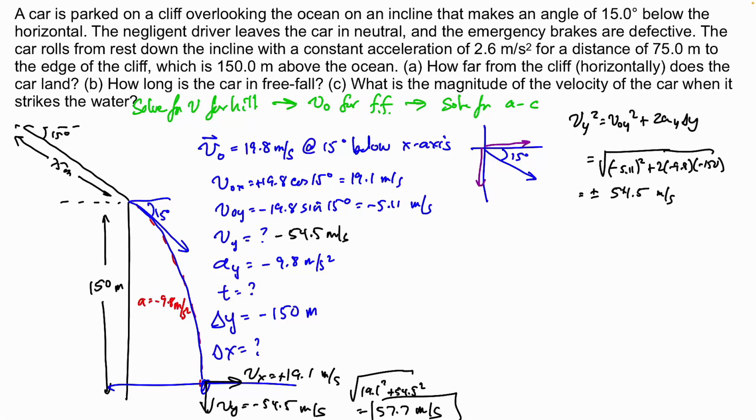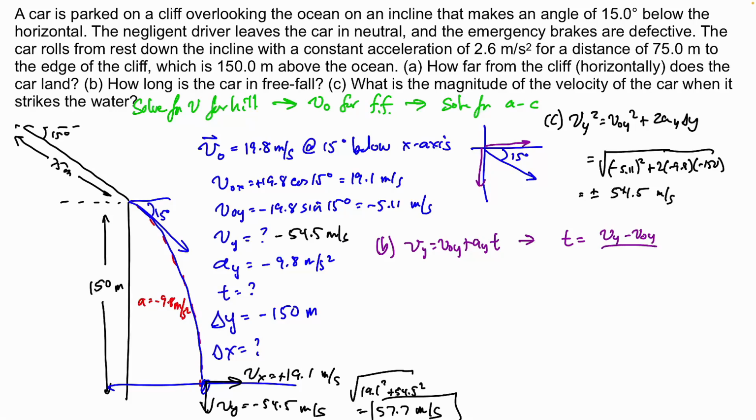Okay. Part B. Let's use the first. So that was part, Mr. Bailey, you got to do a better job of labeling stuff. All right. Part B. Vy equals v naught y plus ay times t. So solve this for t. That's going to be vy minus v naught y, divided by ay.